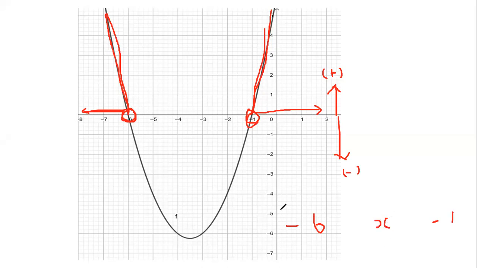These values are less than negative 6, so x should be less than negative 6, and also we need these values greater than negative 1. So this is the range of x when the function is positive.